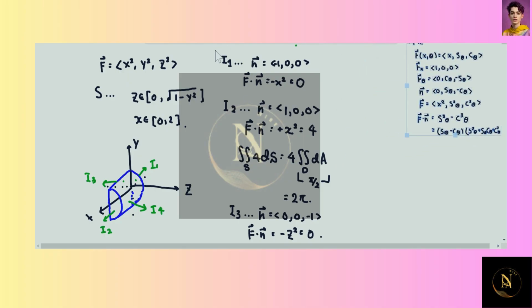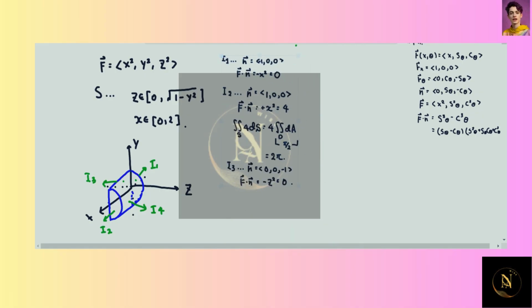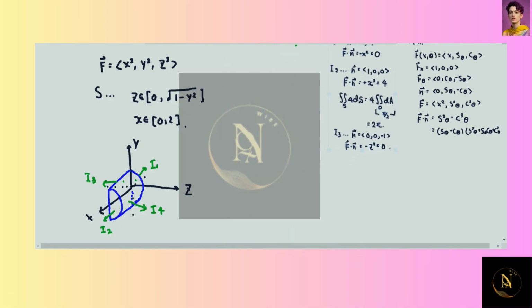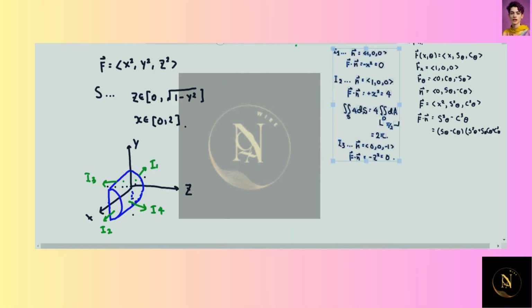Let's finish up the last work. So we want to evaluate the integration. This is a half circle, a semicircle, so we want to evaluate the angle from 0 to pi, not 2 pi, okay?